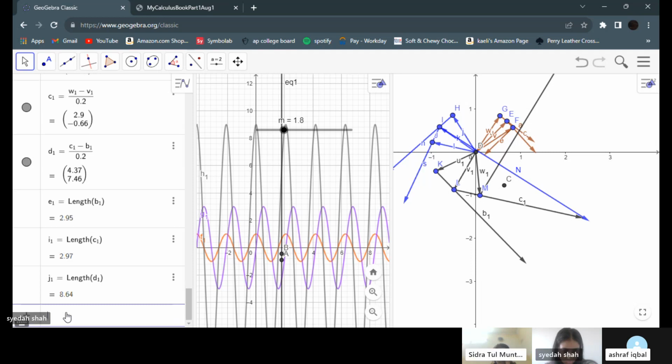So they're all around 3, and then the last one is around 9. Now, check.